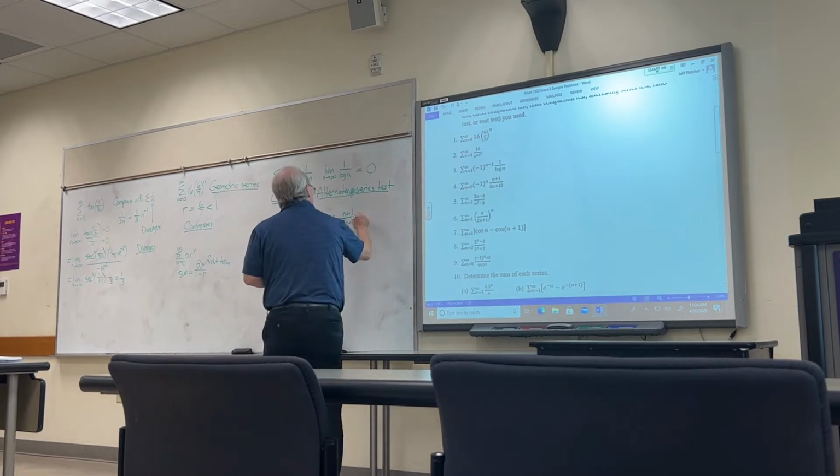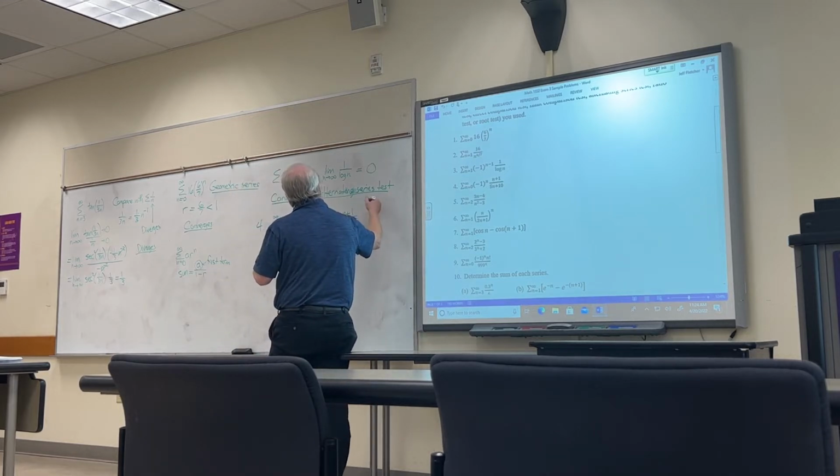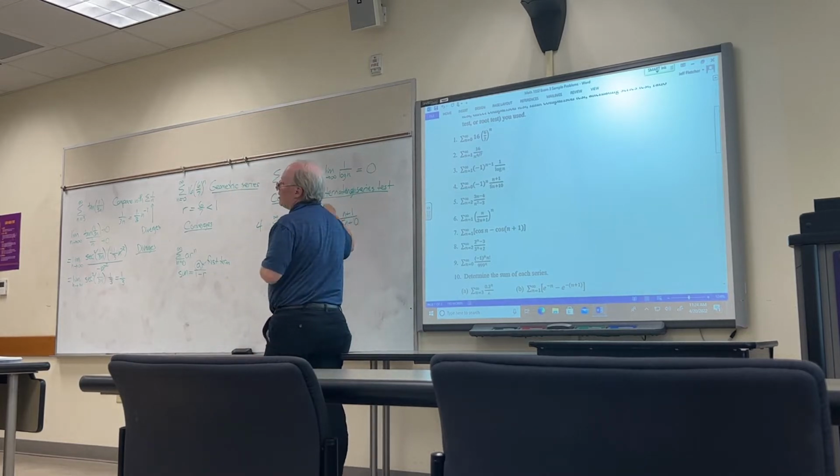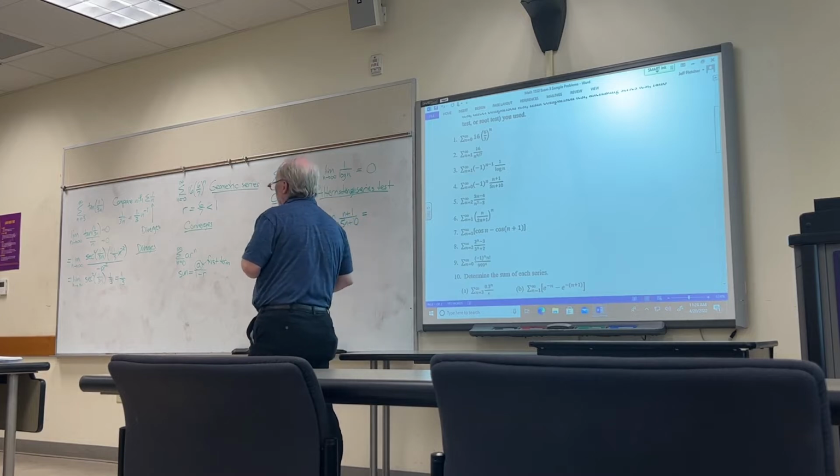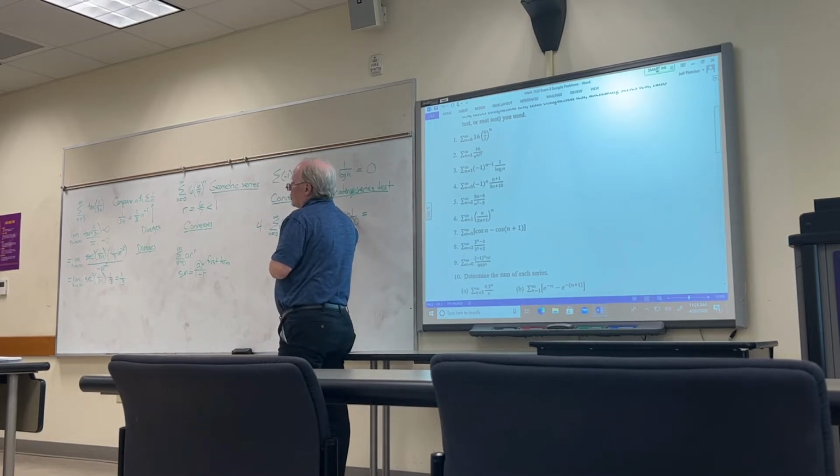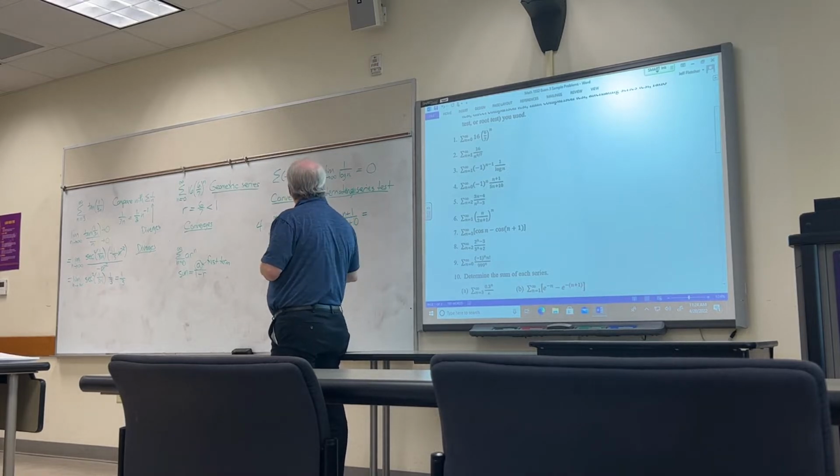This limit is in the form infinity over infinity, because n is going to infinity, so n plus 1 is increasing, and so is 5n plus 10. So we can use L'Hopital's rule.